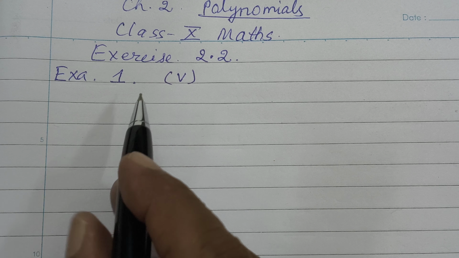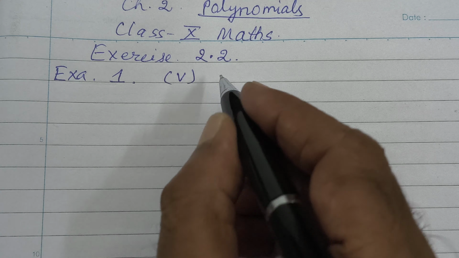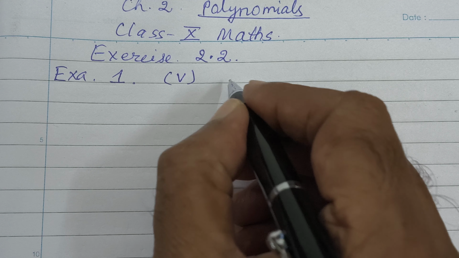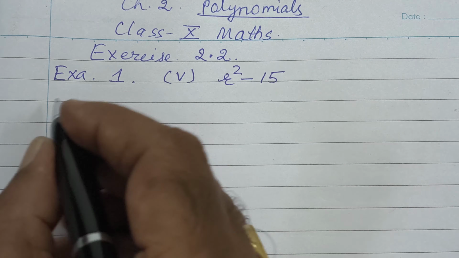Exercise 2.2, example 1, fifth example, that is r square minus 15.